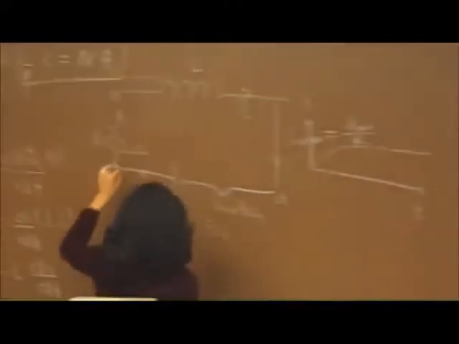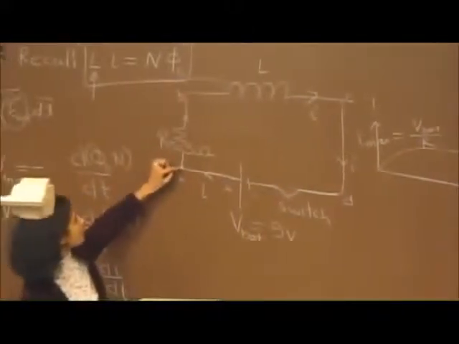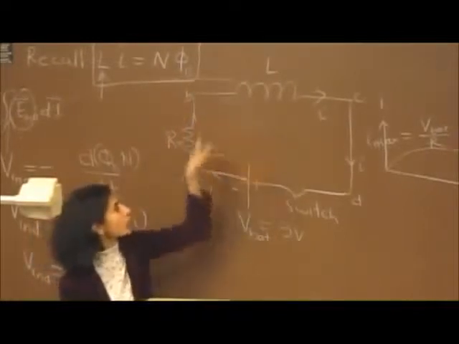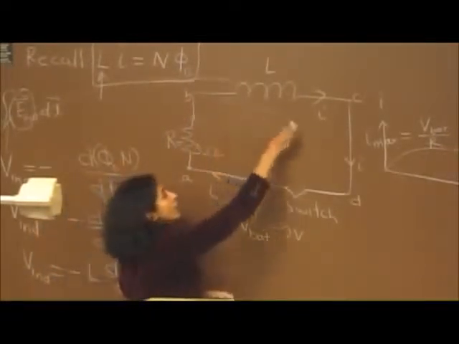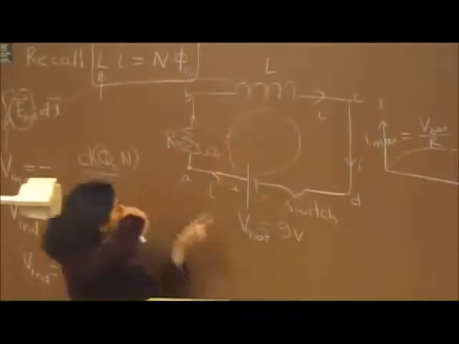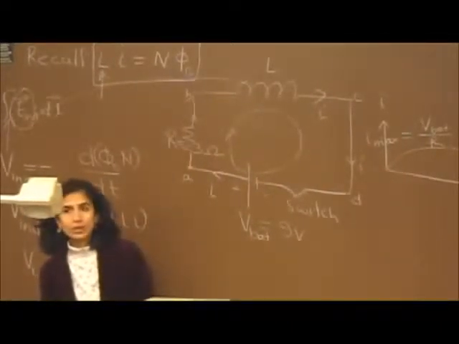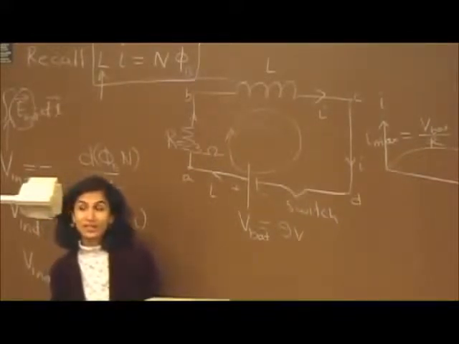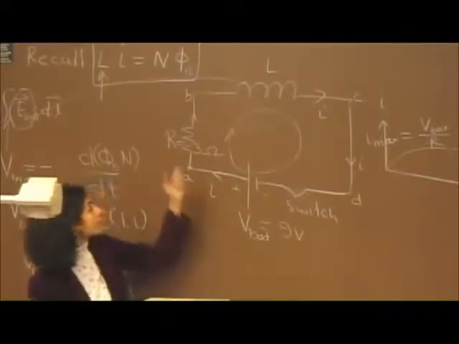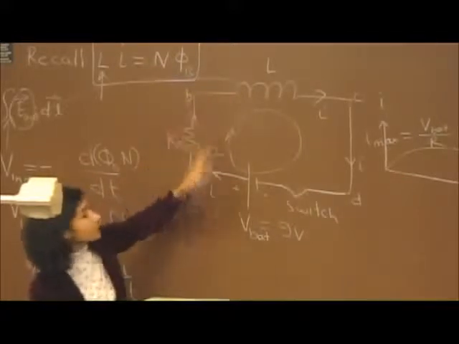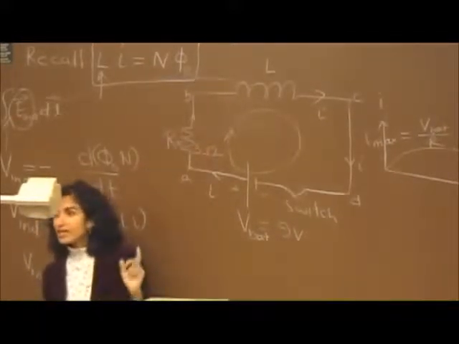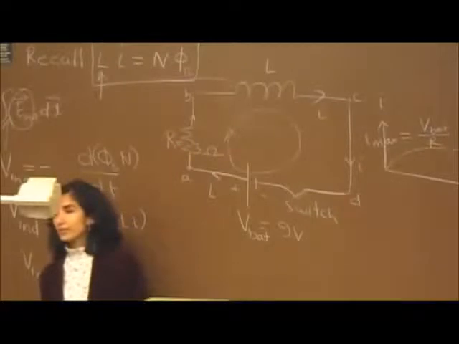So tell me, what would be the potential difference between A and B? Let's go clockwise through this loop. If we go clockwise, who remembers, going from A to B, what happens? By Ohm's law, the potential difference between A and B has a magnitude I times R. Is it a drop or is it a rise?